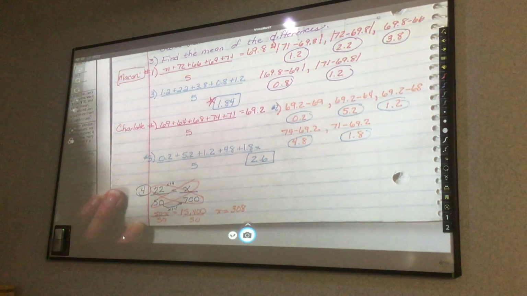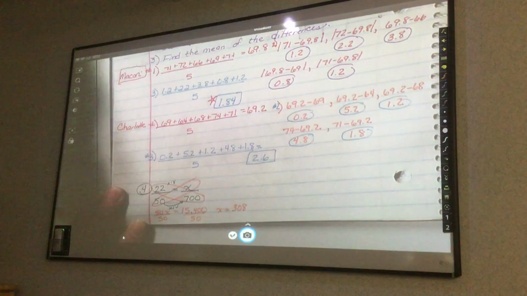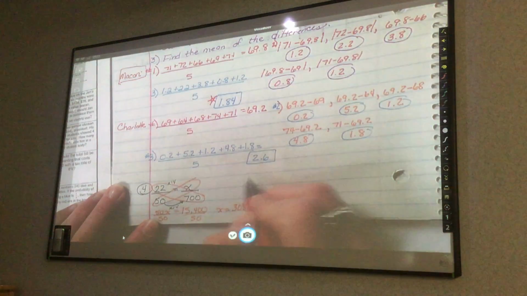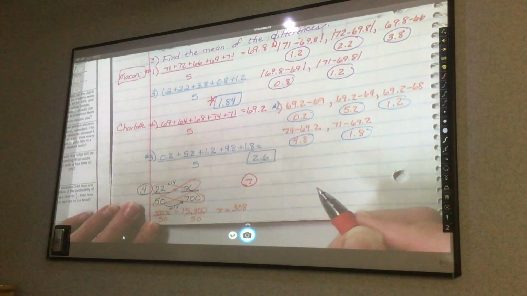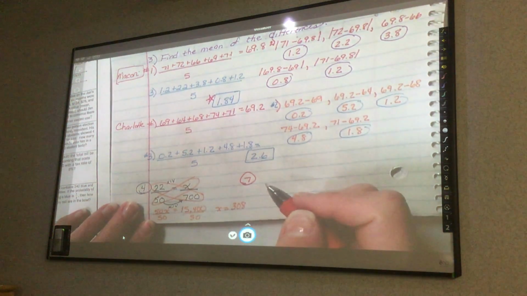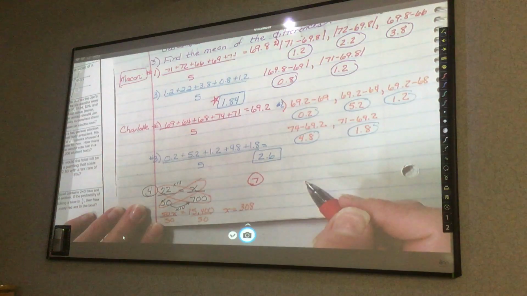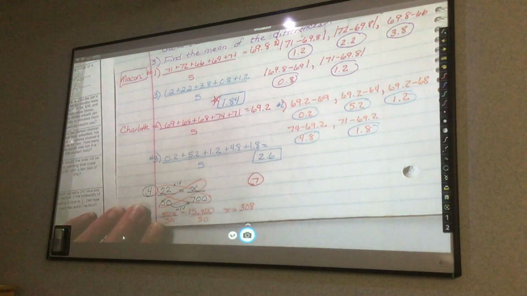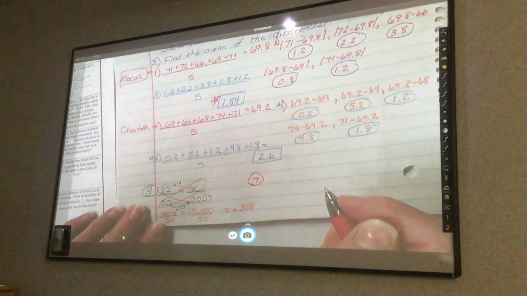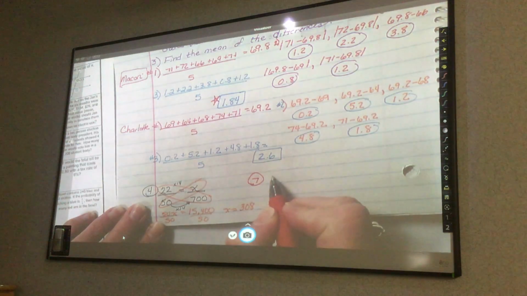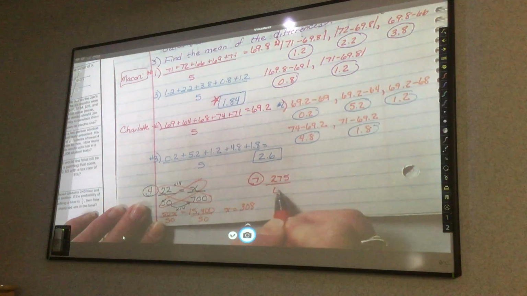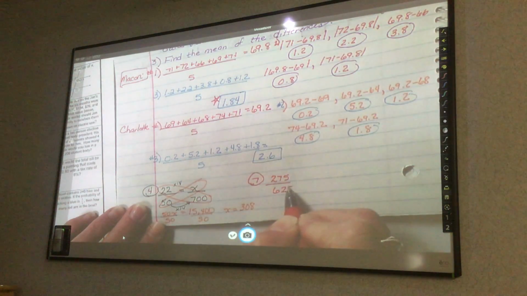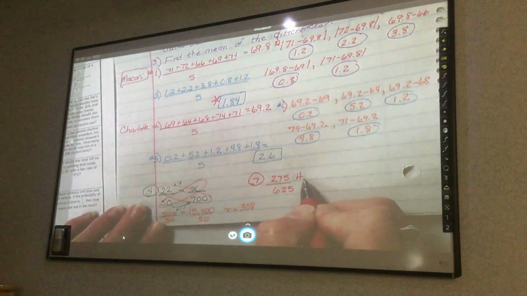5 and 6, we did yesterday, so we're moving on to 7. A coin is tossed 625 times and heads comes up 275 times. What is the experimental probability of tossing tails? Okay, so 275 times out of 625 times is heads.